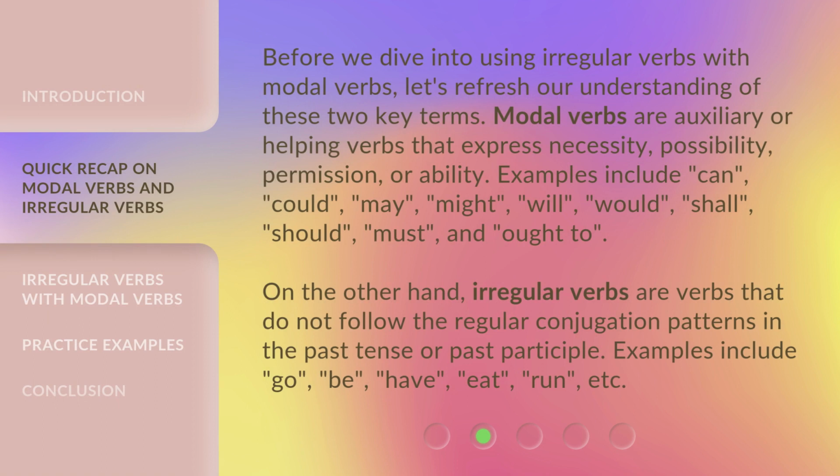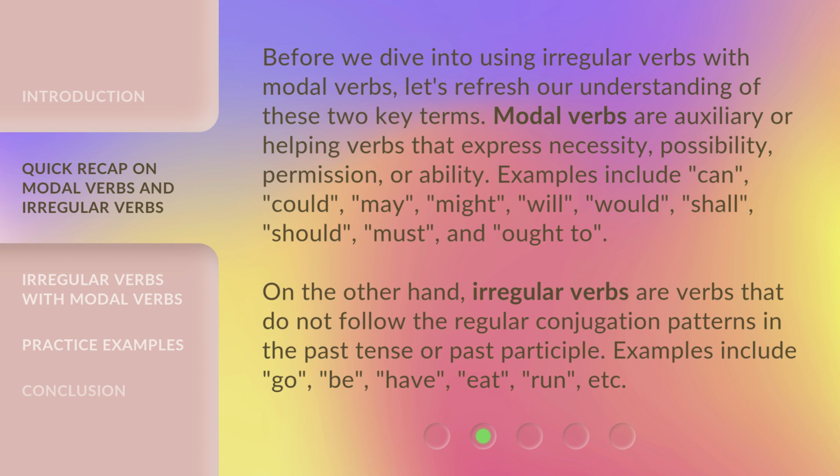Before we dive into using irregular verbs with modal verbs, let's refresh our understanding of these two key terms. Modal verbs are auxiliary or helping verbs that express necessity, possibility, permission, or ability.